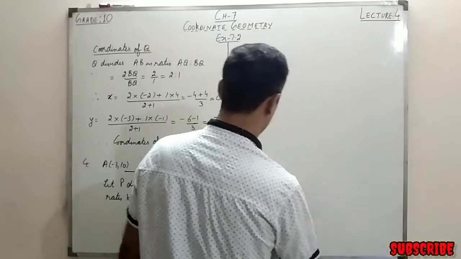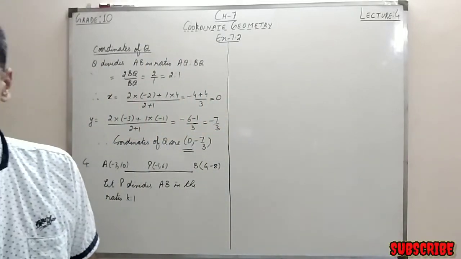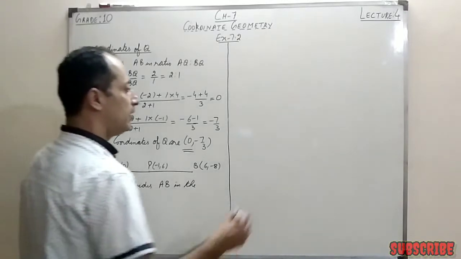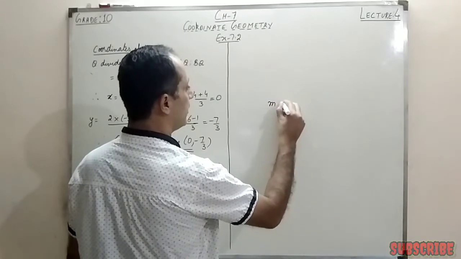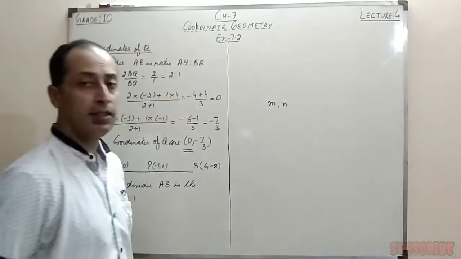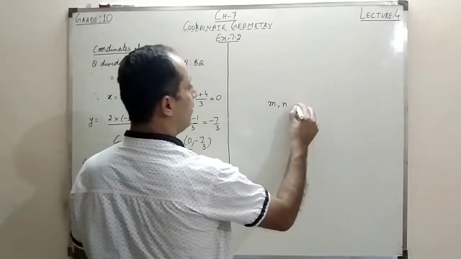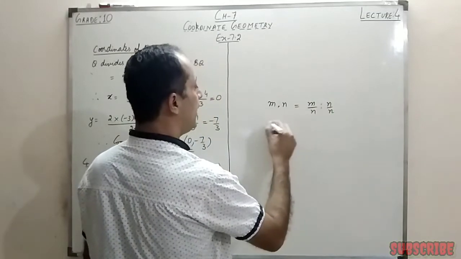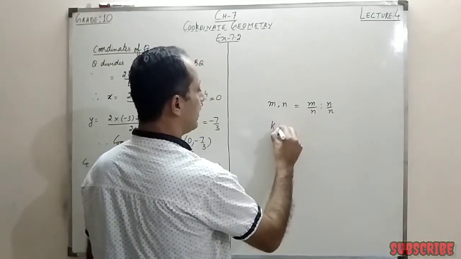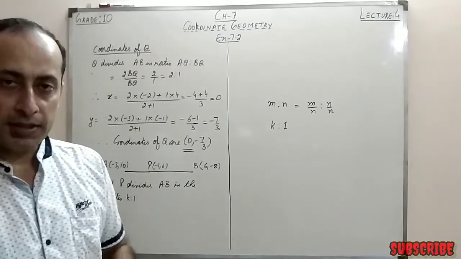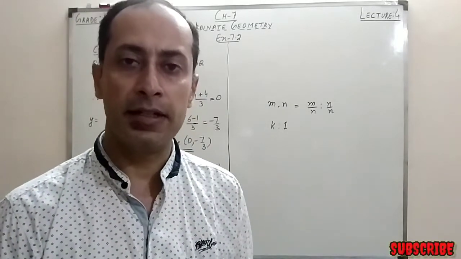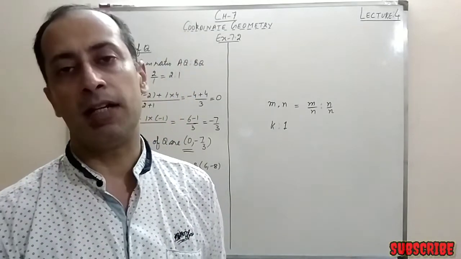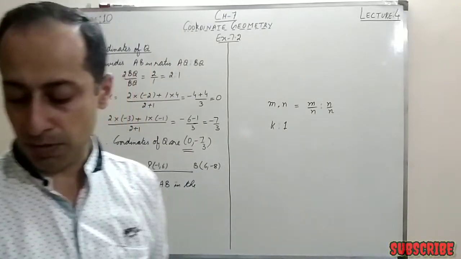We will use that relation to find the value of k, because k here actually is the complete ratio m by n. How do we get this k? I'll just explain. If I take the ratio m is to n, and I divide both of these by n, I will have something like this. Now this m by n I can suppose as k and is to 1. So this is the reason, to keep it simple, we take the ratio k is to 1. So whatever is the value of k, that will be the final answer. That will be the ratio, right?